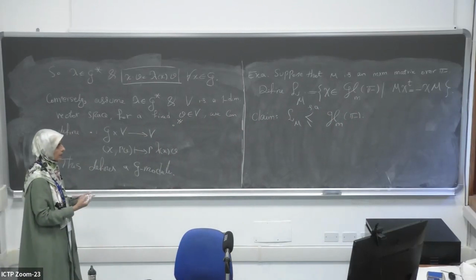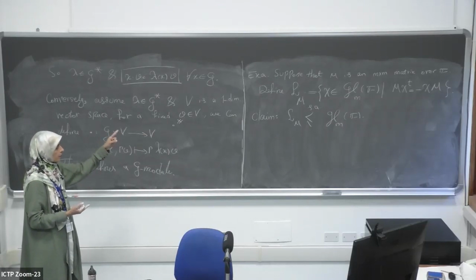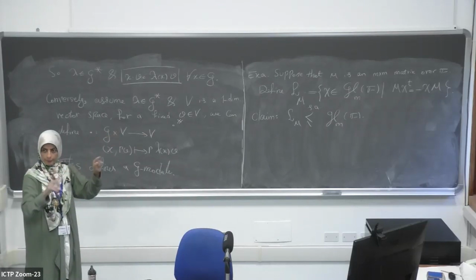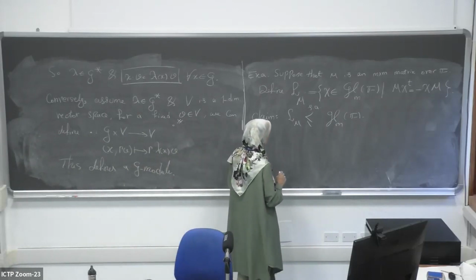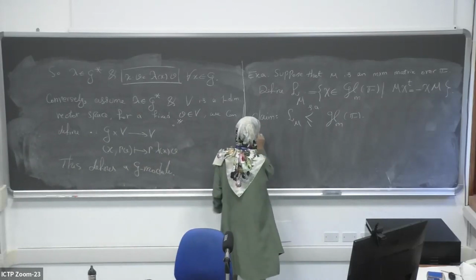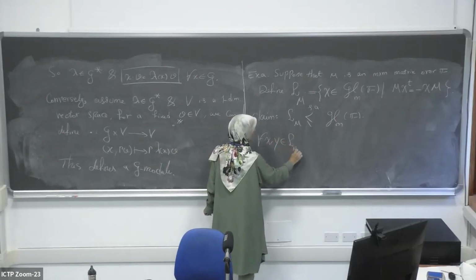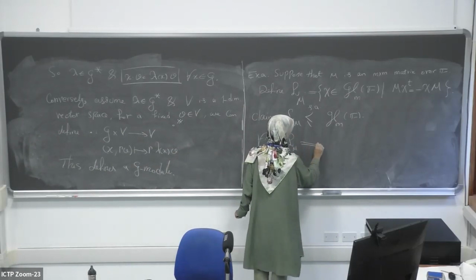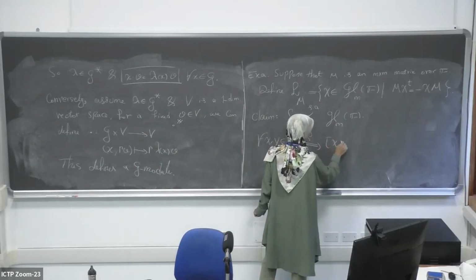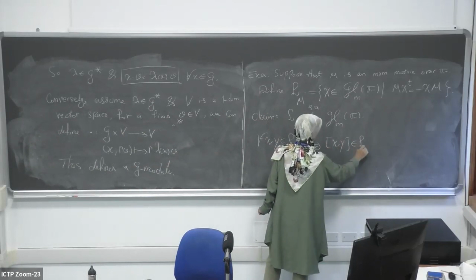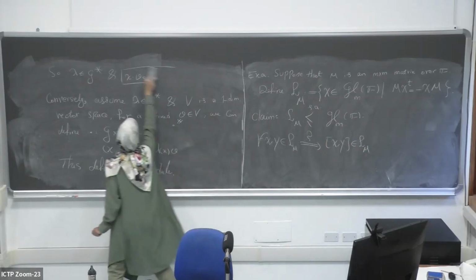So the only thing that we should prove is that it is preserved by the brackets. Okay, for all x, y belonging to Lm, we want to see if the bracket of x, y is also an element of Lm or not, and hopefully yes.